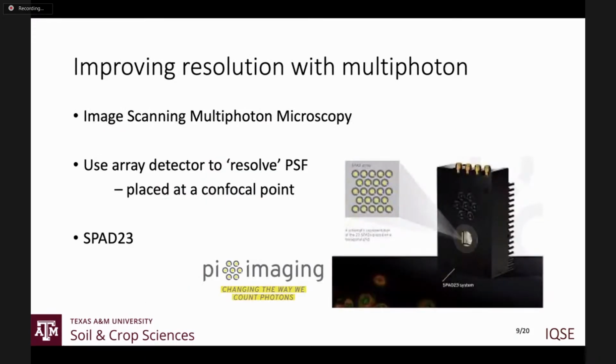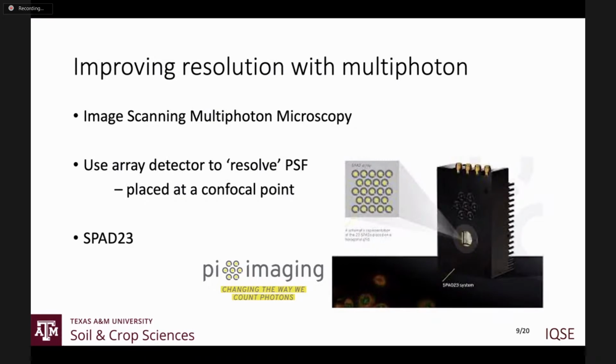So when we want to improve resolution with multiphoton, as I was already explaining in the beginning, there are these 2 methods that give you a limited, moderate improvement of the resolution. And we are going to use those 2 methods and combine them to get to a resolution that is better than what you would get with diffraction limited single photon imaging.